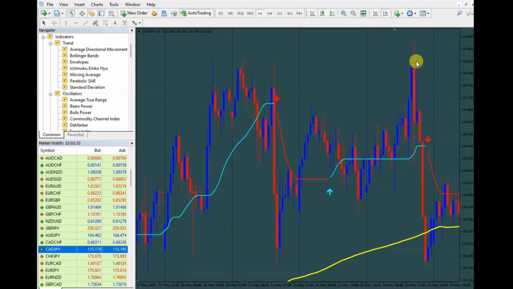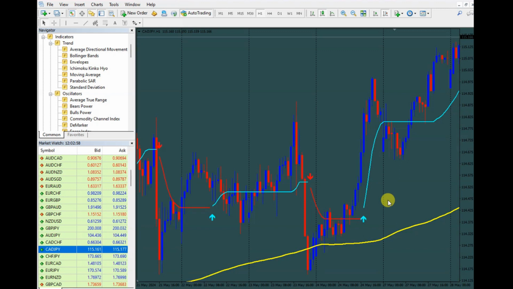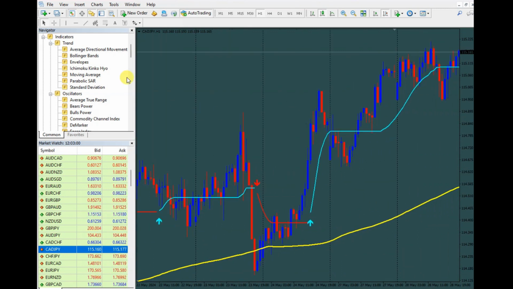So when this price reverses, we will be stopped out here. So on this trade, we are losing 15 pips instead of the original 40 pips. So this is how you manage the trade that gives you the opportunity to make money in the market.